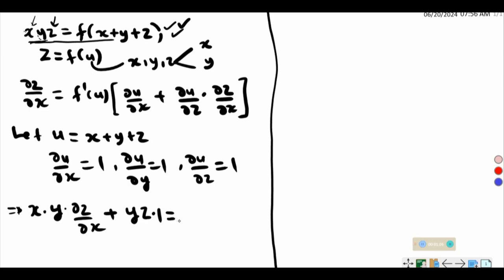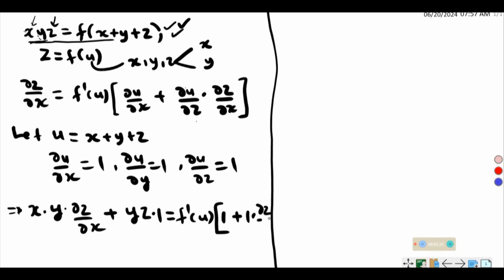This will be equal to f prime of u into del u del x, which is 1, plus del u del z, which is also 1, times del z del x.